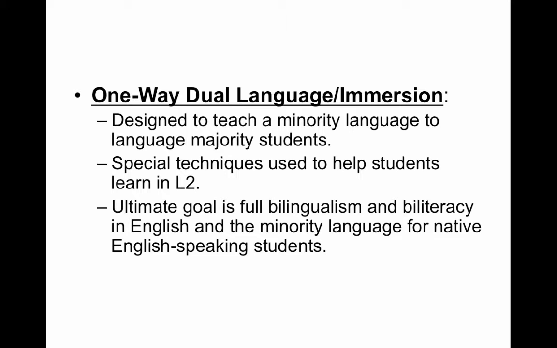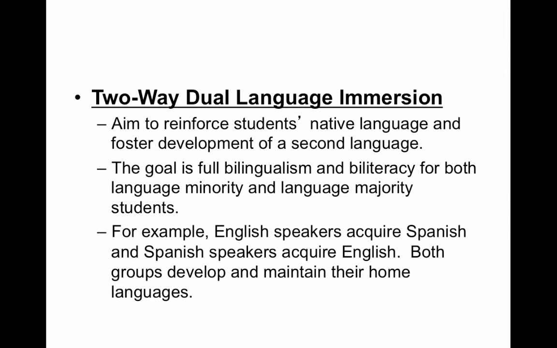Now, another kind of immersion program is called a two-way language immersion. In this case, you've got, for example, Chinese students who are learning English and English students who are learning Chinese. And so the students are developing skills in both languages.